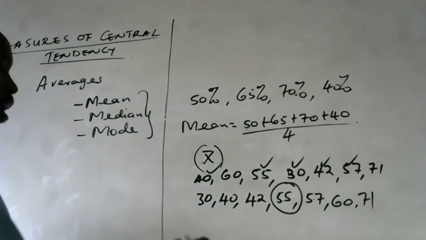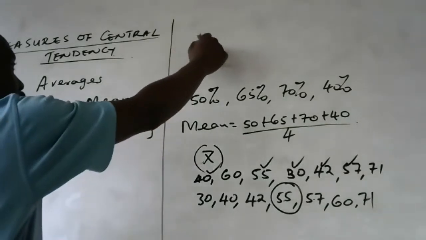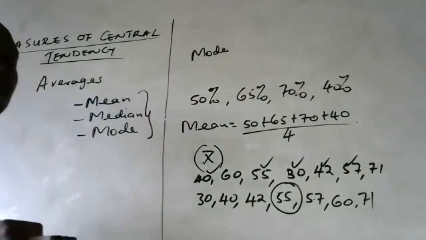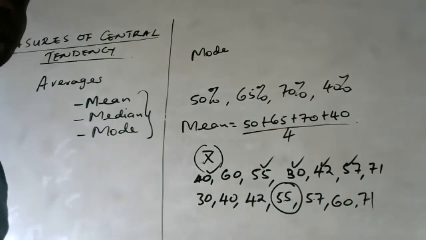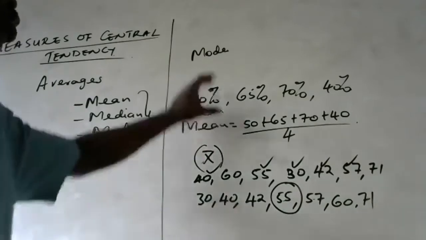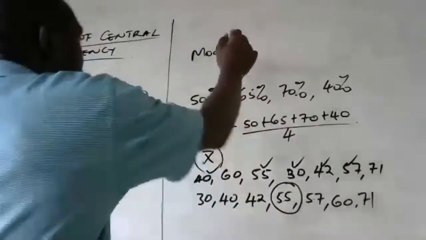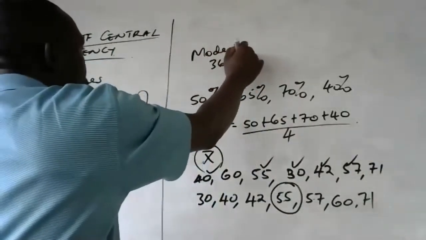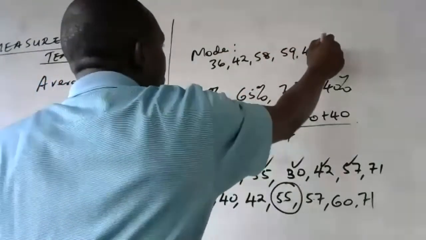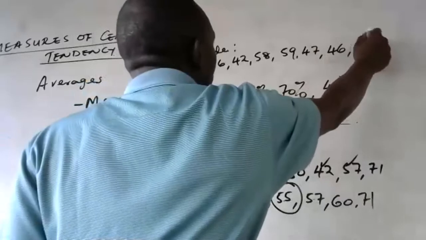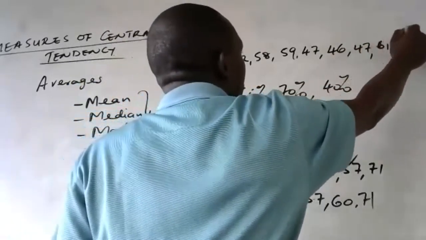Then the last measure of central tendency is what we call the mode. The mode is the value that is most repeated. The score that is most repeated in a distribution is what we refer to as the mode. So, if for example we have scores 36, 42, 58, 59, 47, 46, 47, and maybe 61, then we have 47.